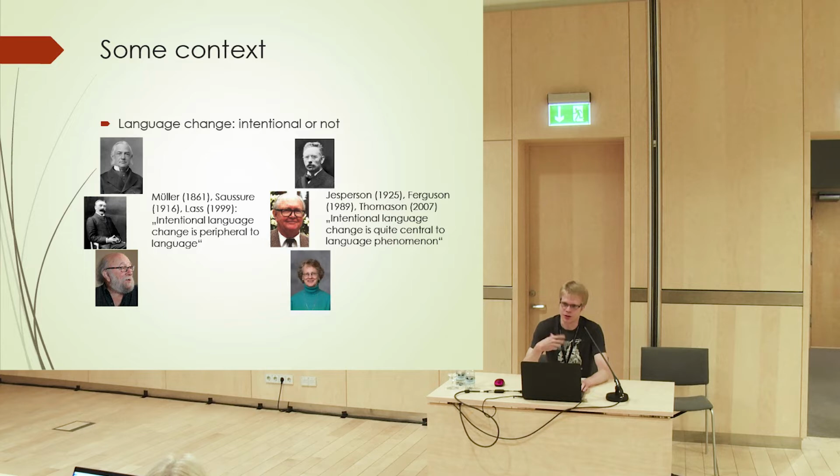So if we try to write a dictionary and influence how people speak, it will usually be a failure. For example, Max Müller in 1861, Ferdinand de Saussure in 1916, Roger Lass in 1999 have said something equivalent to this, and they're all gurus in the area.